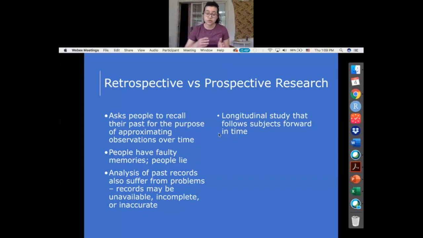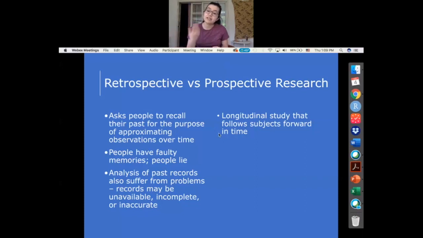And then longitudinal studies that are prospective are more long-term research projects, and some institutions do specific panel data to provide that for researchers. If you're doing that on your own, it gets really expensive to do longitudinal studies where you're following particular people throughout time.